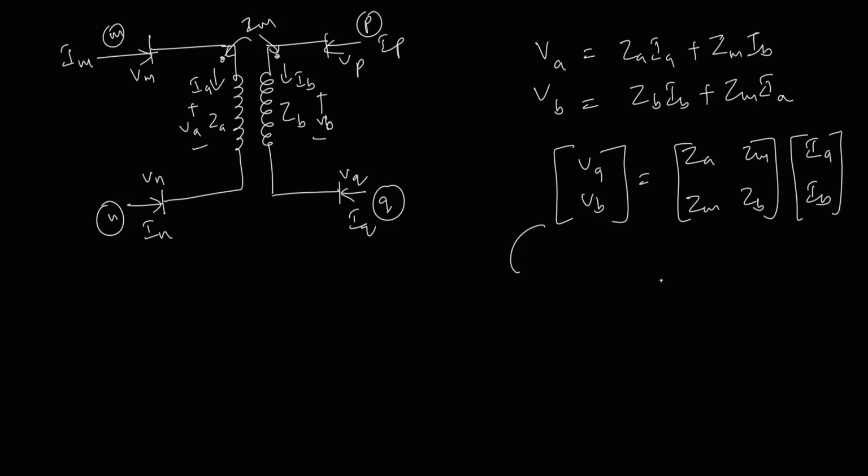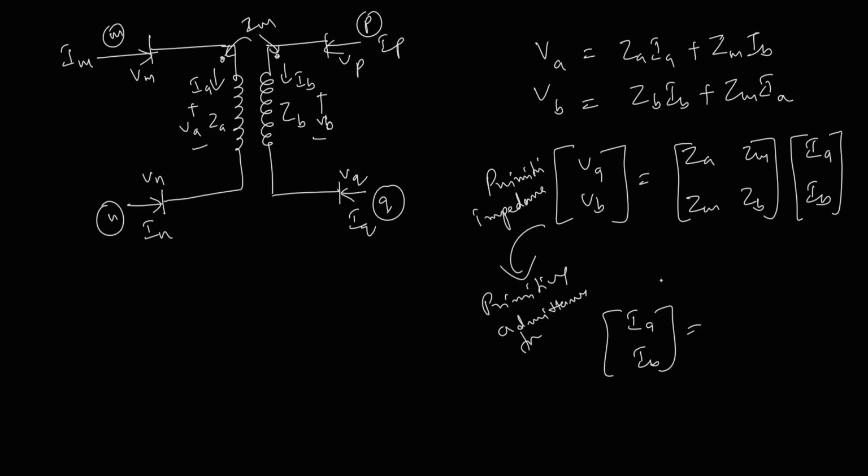Now if I want to convert this primitive impedance form to primitive admittance form, admittance form is IA IB is equal to Y times VA VB. Let me not write here 1 by ZA or something like that.